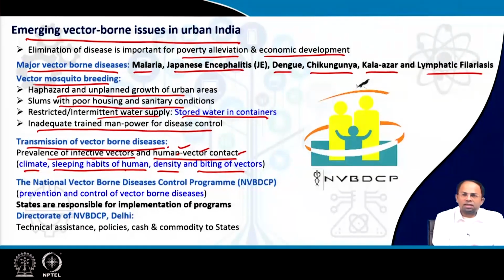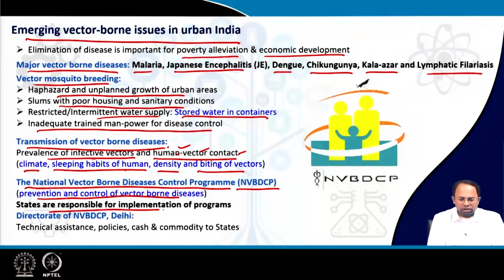Under the National Health Mission, we have the National Vector-Borne Disease Control Program, which is conducted via the ULB, the UPHC and so on. The idea is to prevent and control vector-borne diseases in the country, and usually the states are responsible for implementation, because the program has two aspects.